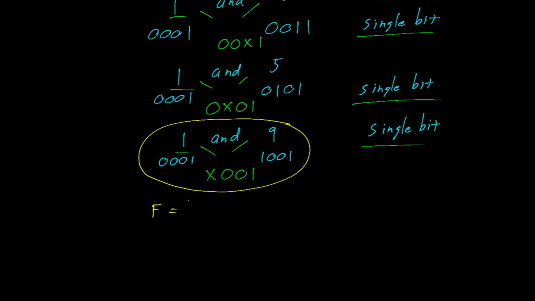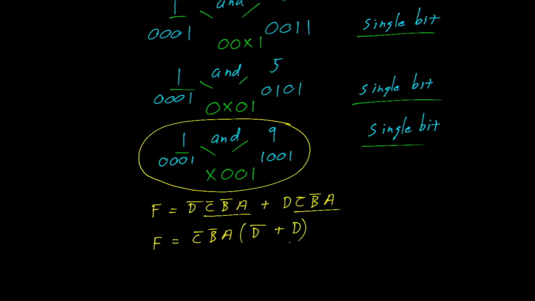F would be equal to minterm 1, which is expressed as D0, C0, B0, A, and minterm 9, which is expressed as D, C0, B0, A. You'll notice that each minterm contains C0, B0, A. Rewriting the equation, we can actually factor out that C0, B0, A, which leaves us with D0 or D inside the parentheses.